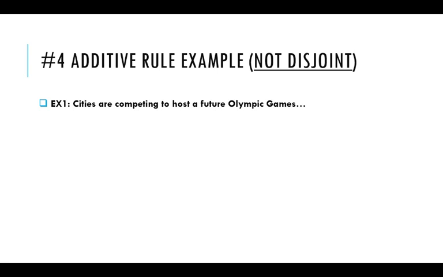So let's do an example. Let's say that we have cities that are competing to host a future Olympics Games. And the committee making decisions is going to narrow down to 5 finalists. Okay, so we have a bunch of cities competing to host the Olympic Games in the future, and the Olympic Committee needs to narrow down to 5 finalists.